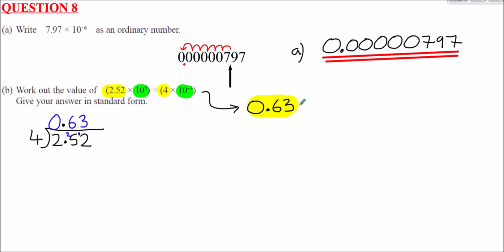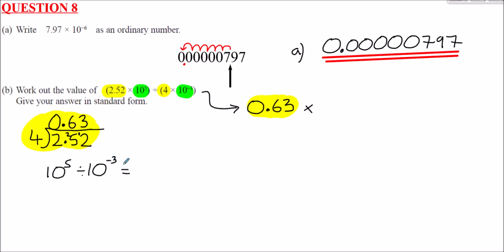And now I need to multiply by 10 to a certain power. So looking at the powers of 10, I'm doing 10 to the 5 divided by 10 to the minus 3. Now one of the laws of powers, if the base values are the same, they are for both 10, if we're dividing these little numbers, what happens is we do one little number, subtract the other one.